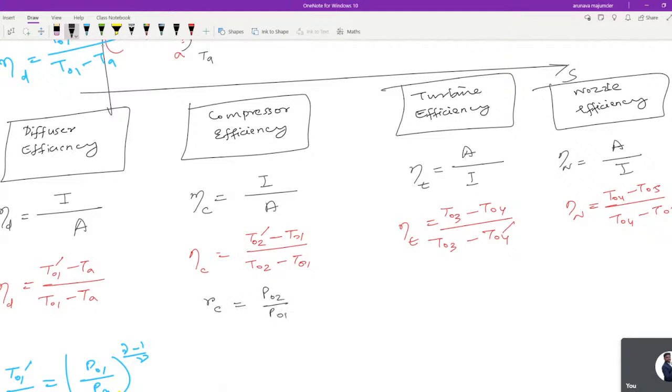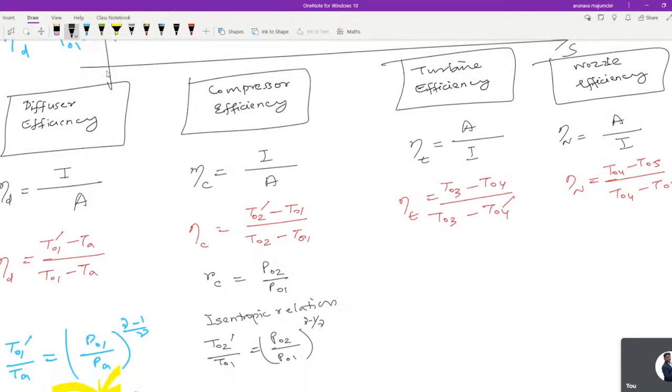And simultaneously, if I have to include this isentropic relation over here, how will I include it? T naught 2 prime by T naught 1 equals again the same thing, P naught 2 by P naught 1, then obviously to the power gamma minus 1 by gamma. I hope I have given you the tricks so it will be easy for you.